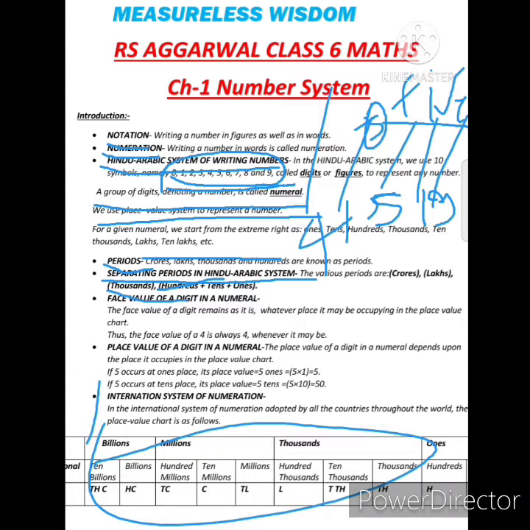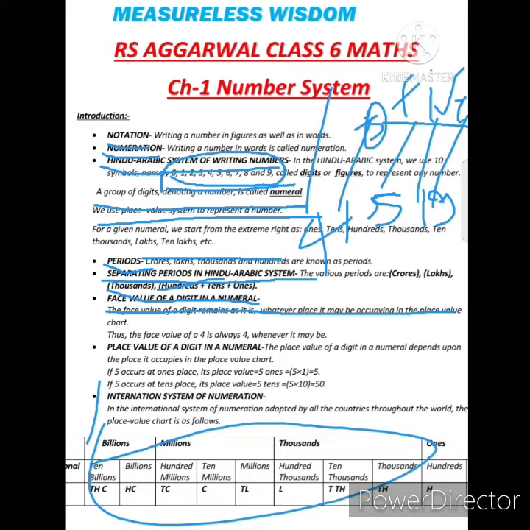The next topic is the face value of a digit in a numeral. Face value means the value that we can see. The face value of a digit remains as it is, whatever place it may be occupying in the place value chart.